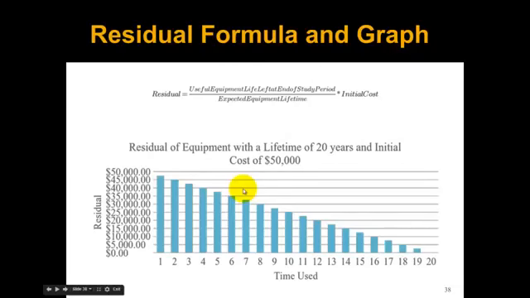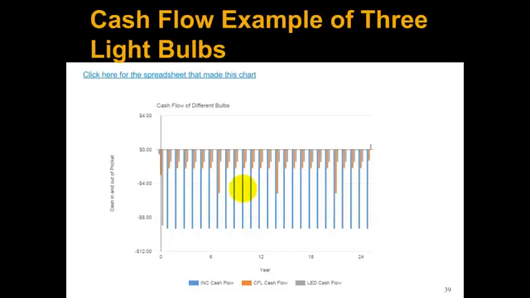So let's look at putting this all together in a cash flow diagram. This is a cash flow diagram of 3 different light bulbs: an incandescent, which is INC, a compact fluorescent, which is CFL, and a light emitting diode, which is LED. What you can see is that year 0 in the cash flow diagram is when we buy the light bulb.